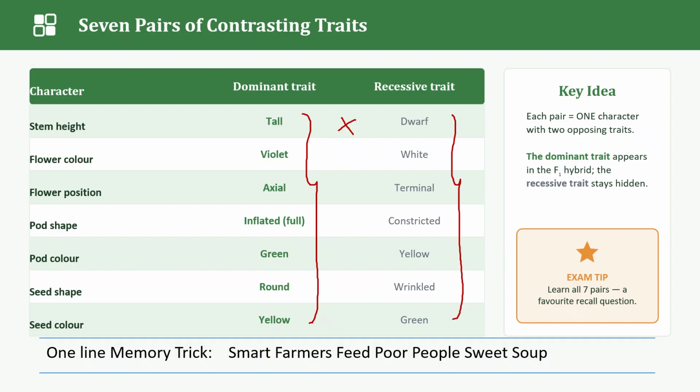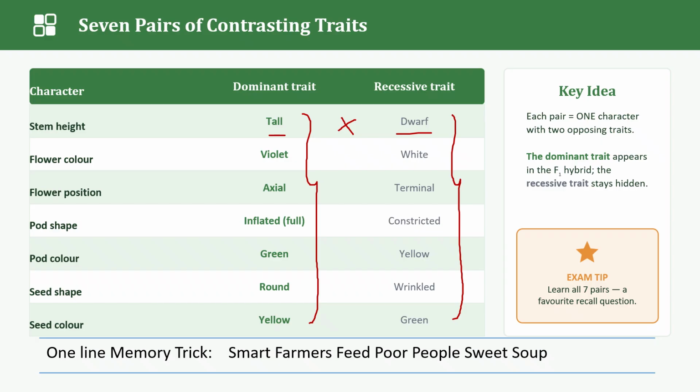For example, let's take tall and dwarf. When a tall plant was crossed with a dwarf plant, all the first generation plants were tall. This observation helped him to formulate the law of dominance.